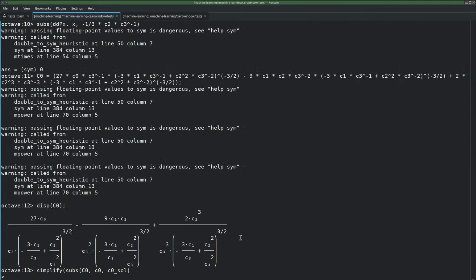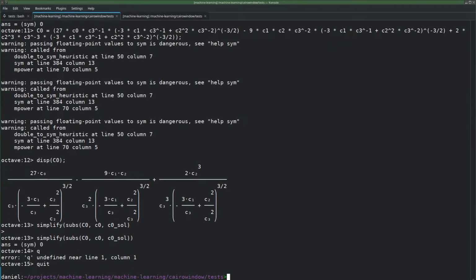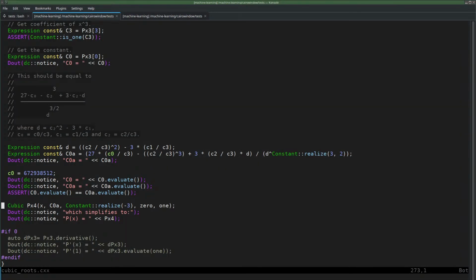So print, quit. Doesn't look that big here.